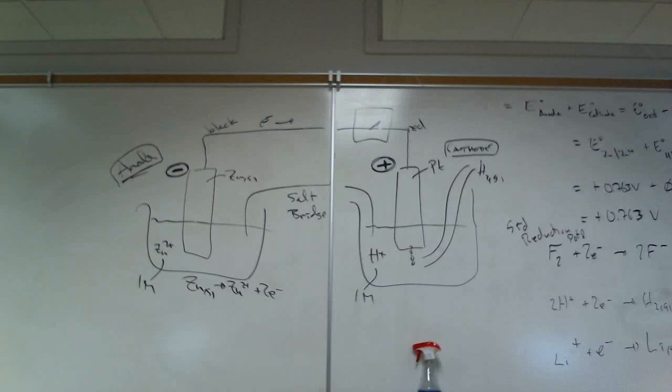Using Chem 1B, we'd say the fluorine has the highest reduction potential. Lithium ion has the lowest reduction potential. And so if I ask you, give me something that has a higher reduction potential than fluorine, you're looking for something that's a stronger oxidizer than fluorine. Can you think of something that's a stronger oxidizer than fluorine?